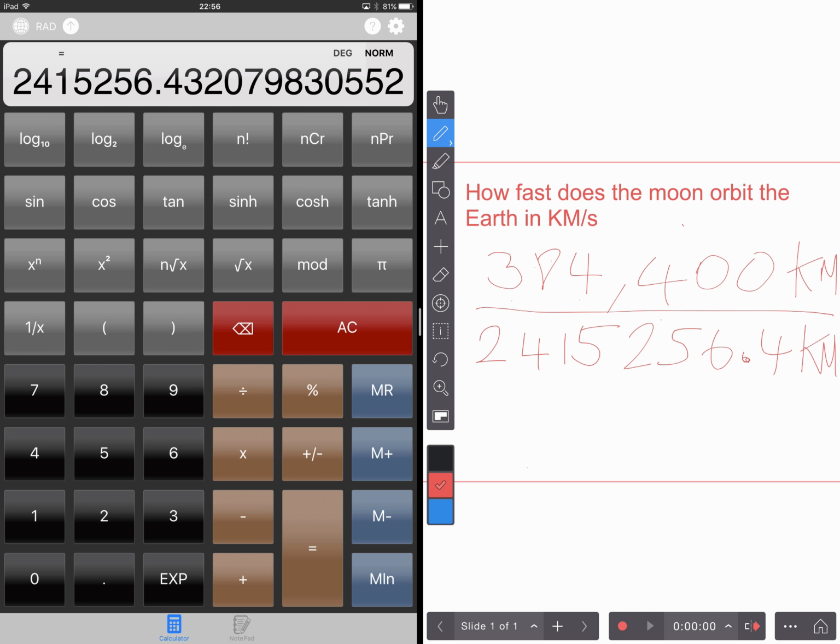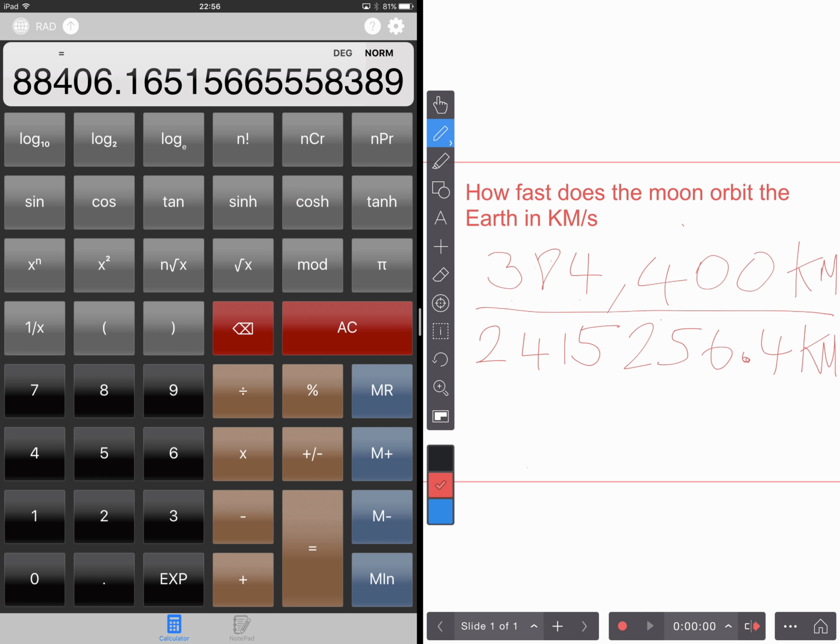Now we need another essential piece of information: how long does it take for the moon to do one full orbit of the Earth? It takes 27.32 days. So I'm going to divide my answer by 27.32, which equals 88,406.2 kilometers.